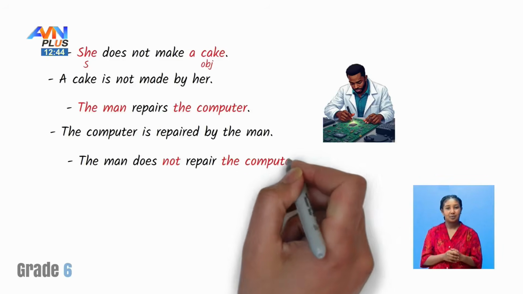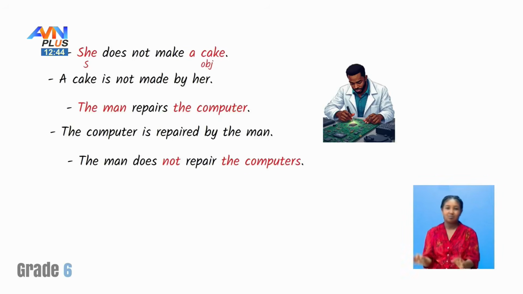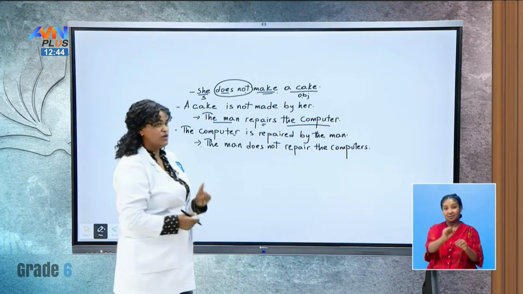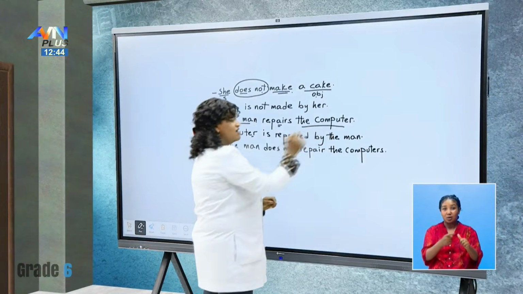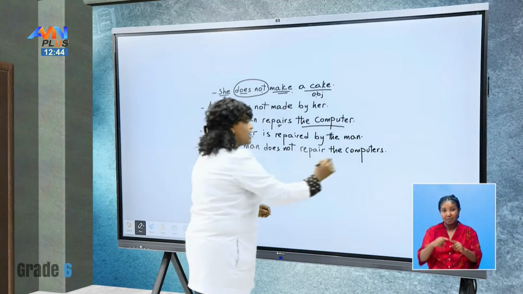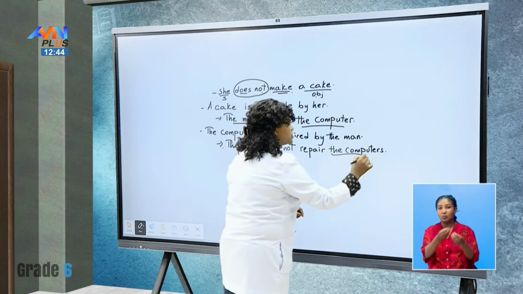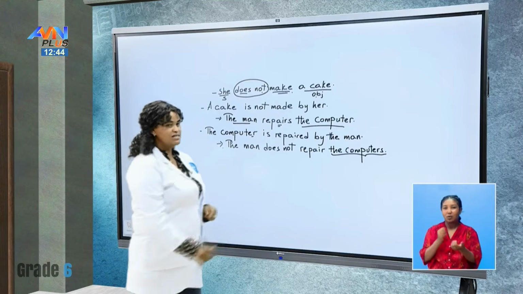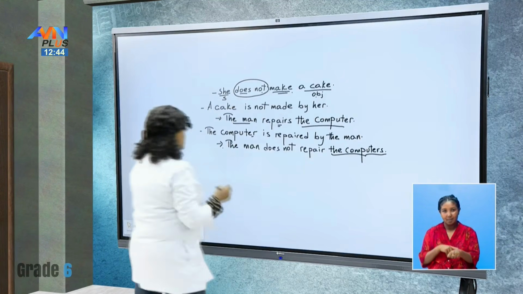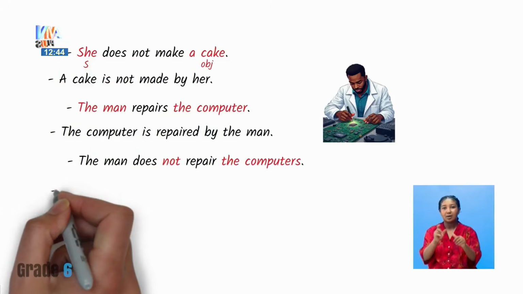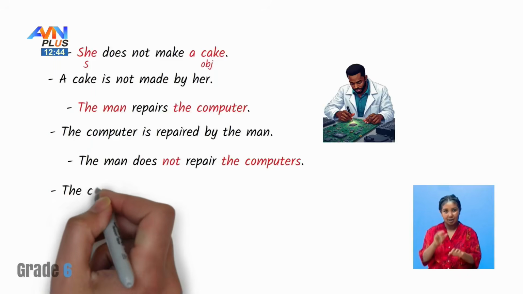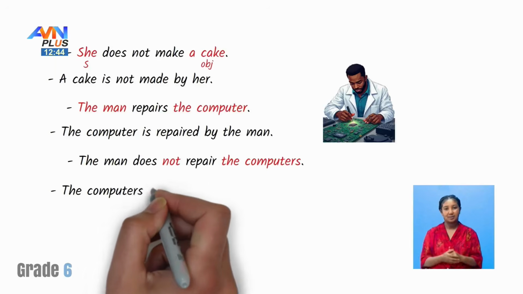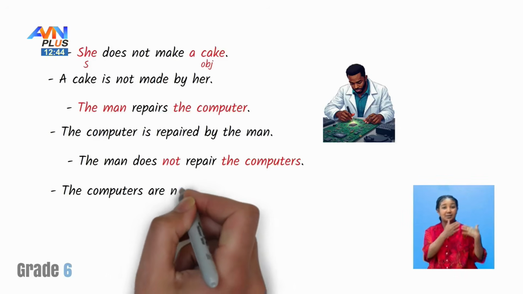Let's make the computer, instead of the computer, the computers. Look, there's a difference from the first one, all right? On the first one, we only have a single computer, but this time, in our object, it is more than one computer, all right? Okay, so how do I start? As usual, with the object. The computers, now, my subject is plural.